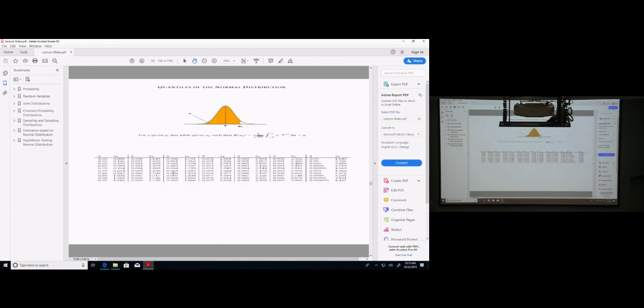So this is the table that, at least for this slide, this is what we use.